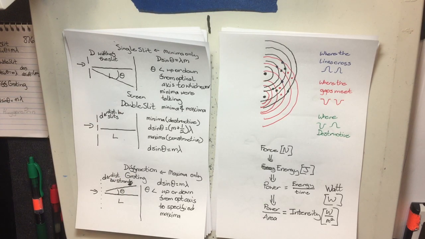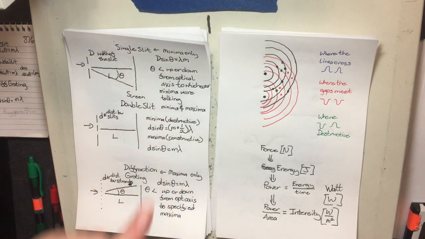These are the equations that you use. If I say you've got a single slit, boom, write that down. You've got a diffraction grating, boom, write that down. If I say you've got a double slit, your question is: is it destructive or constructive? Because I got to use the proper equation.